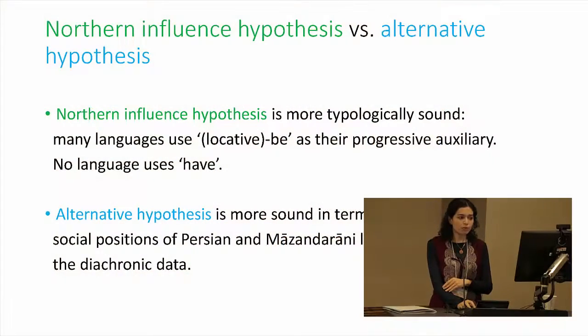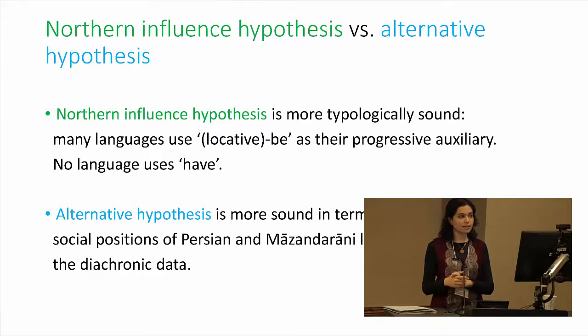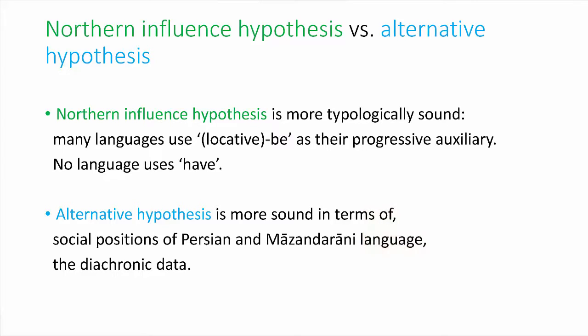So if we want to see the weaknesses and strengths of the northern influence hypothesis, we can say that the northern influence hypothesis is more typologically sound because it assumes a locative be progressive as the original one, and it is something that we see in many languages. And then it says that the have progressive was borrowed or was under the influence of locative be progressive.